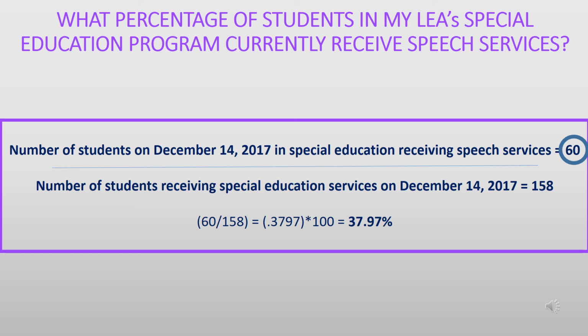The number of students receiving special education services on December 14, 2017 was 158. 60 divided by 158 equals 0.3797. 0.3797 times 100 equals 37.97%. On December 14, 2017, 37.97% of students in DeWitt School District's special education program were receiving speech services.